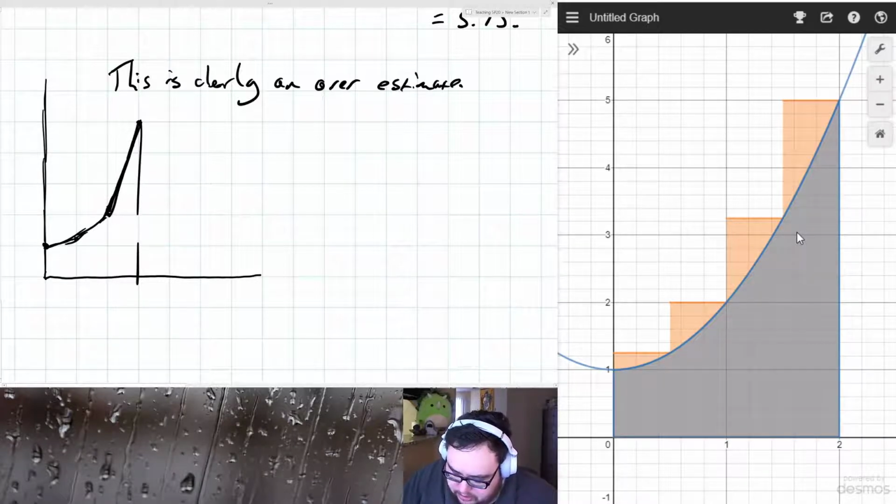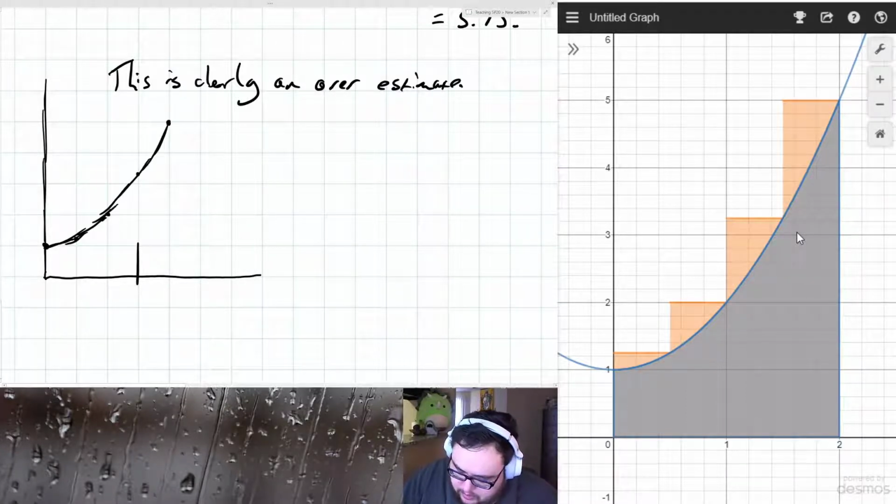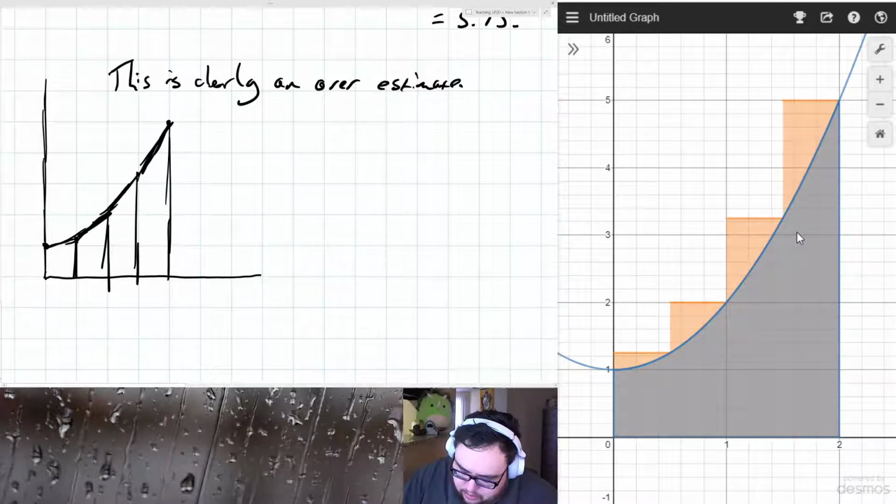Wait, what did I just do? I just did something wrong. Hold on. That should actually be here and here. So we could make the top of these into straight lines.